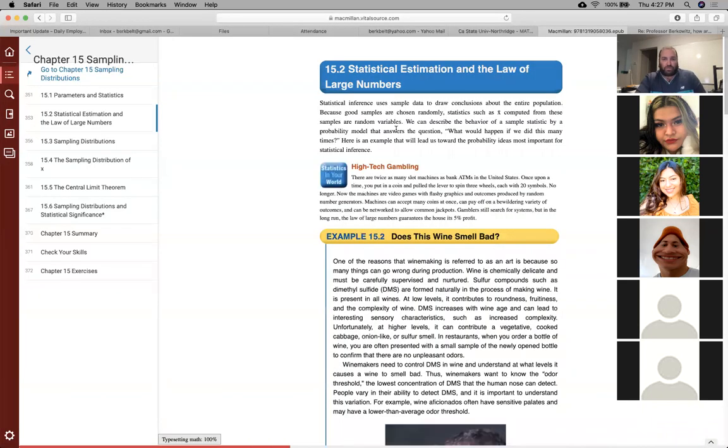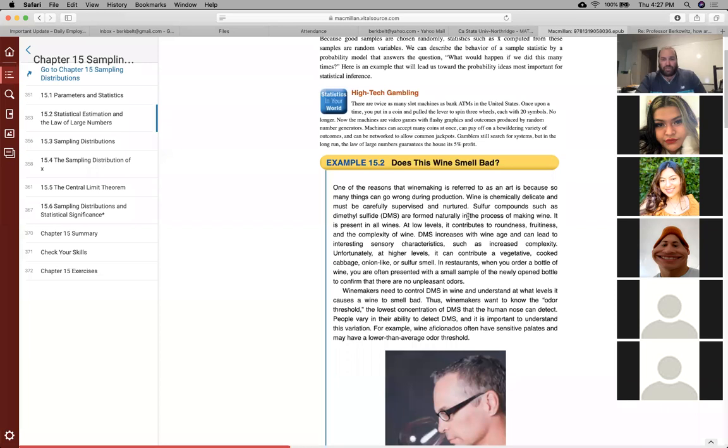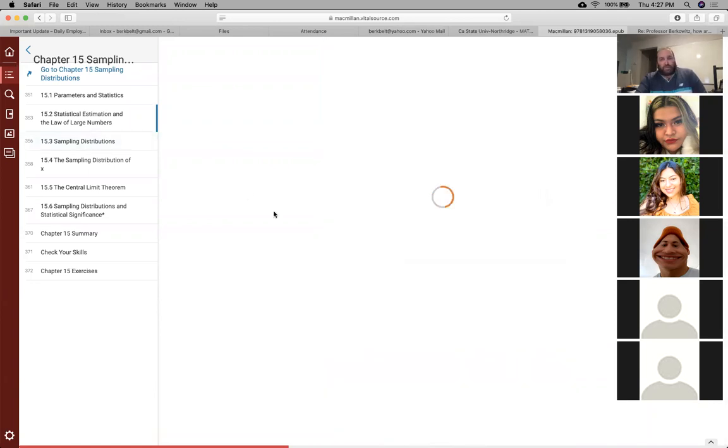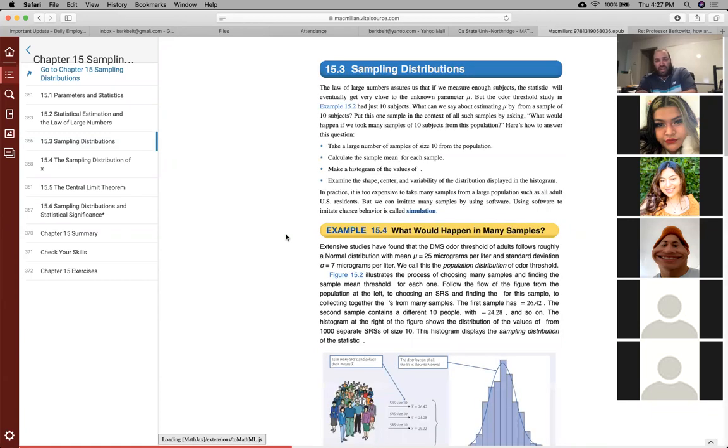The law of large numbers basically just says that as the sample size gets larger and larger, the sample mean gets very close to the actual population mean that you're after. You never know this, but if the sample size gets large enough, then we are very confident that whatever we get is close.